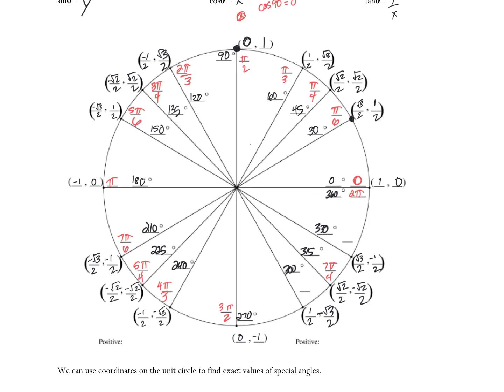Okay. 10 over 6 is 5/3. Yeah. And then one more. 11/6. 11 pi over 6.